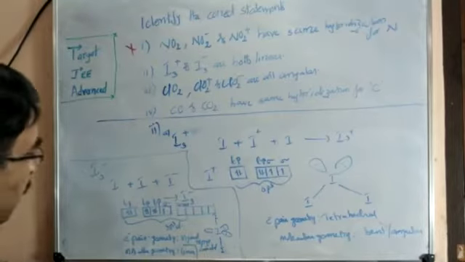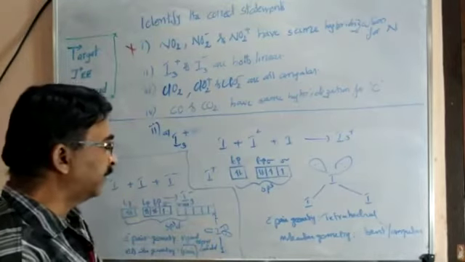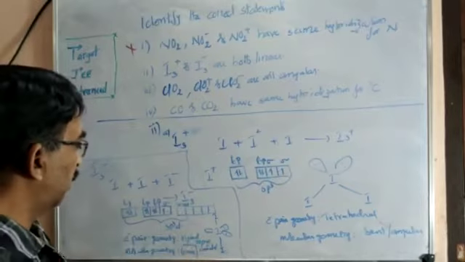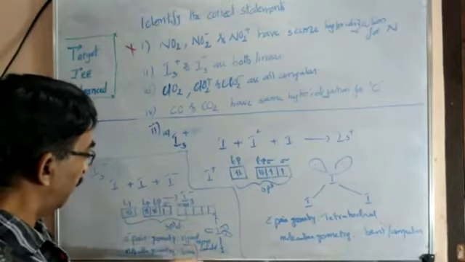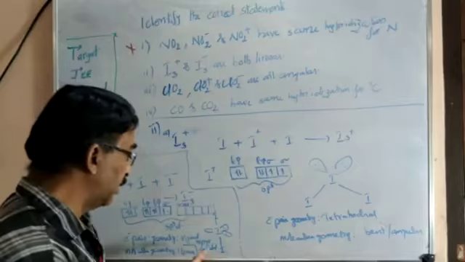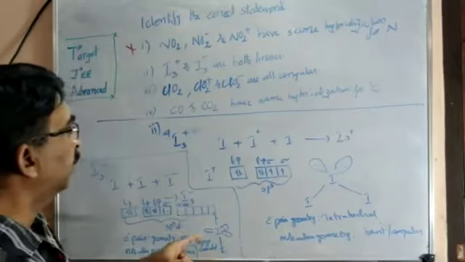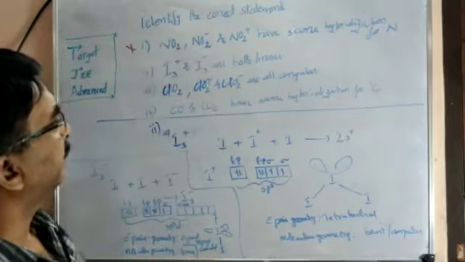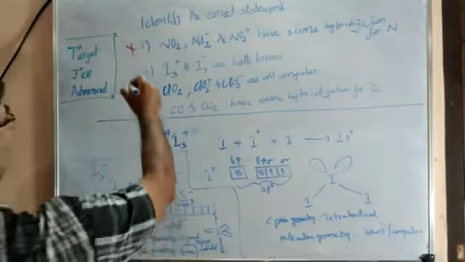Electron pair geometry corresponding to sp3d hybridization will be trigonal bipyramidal, and the shape linear. So what is the statement? I3 plus and I3 minus are both linear is wrong, a wrong statement.